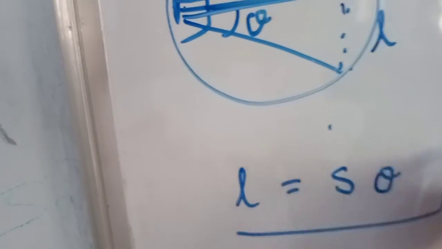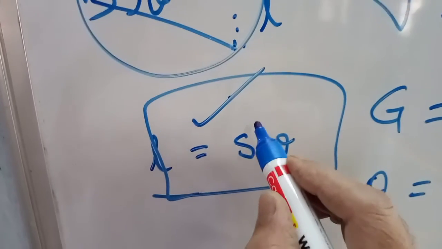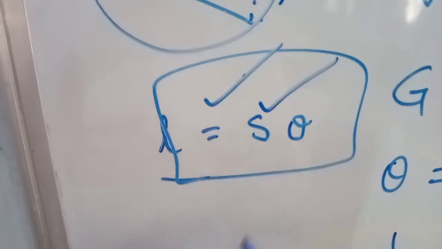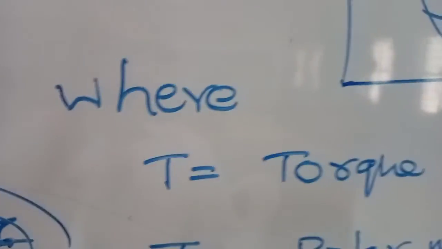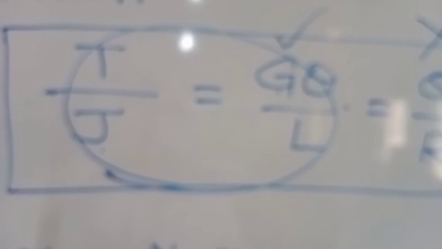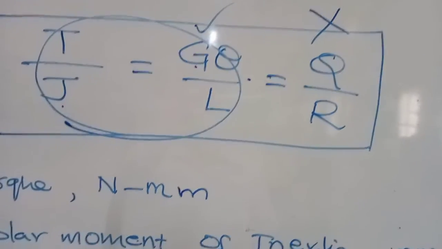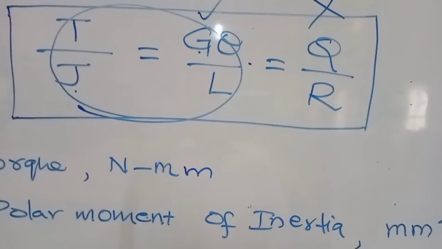Here we know the L value, here we know the S value, so we can find theta. If you substitute all the values in the formula, we will get the G value. The G value varies from 0.6 to 0.9 into 10 to the power of 5 Newton per mm square. That is how we have to do it.